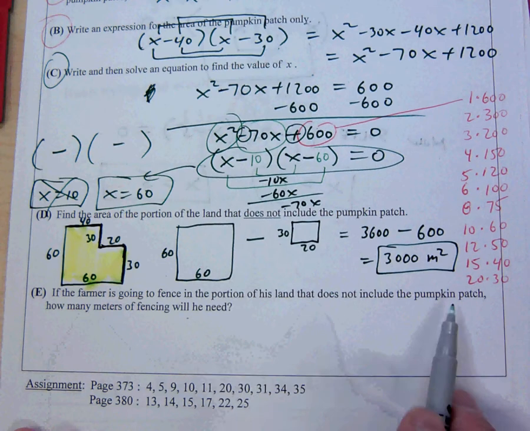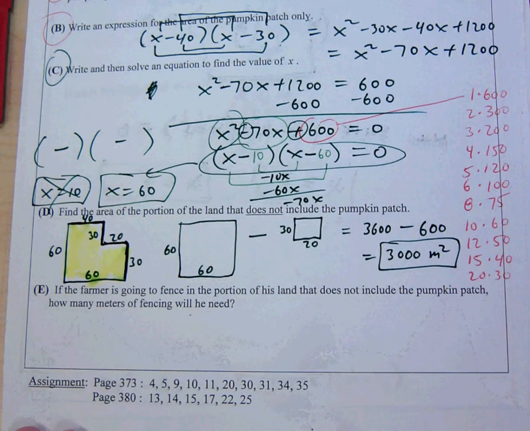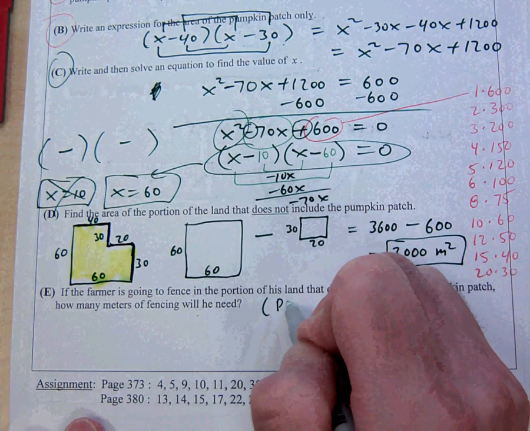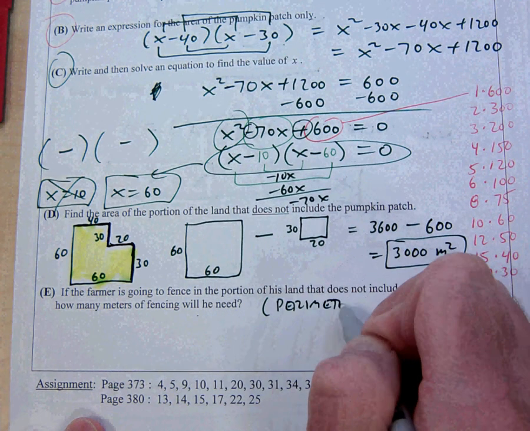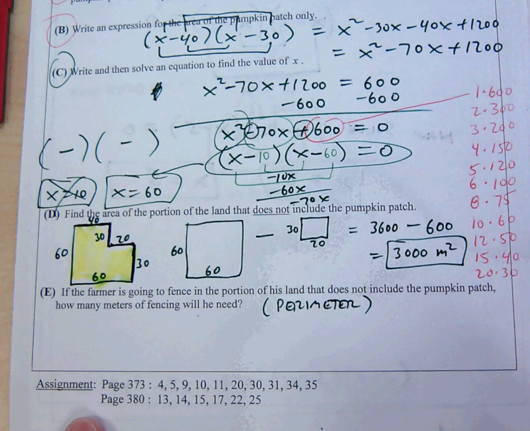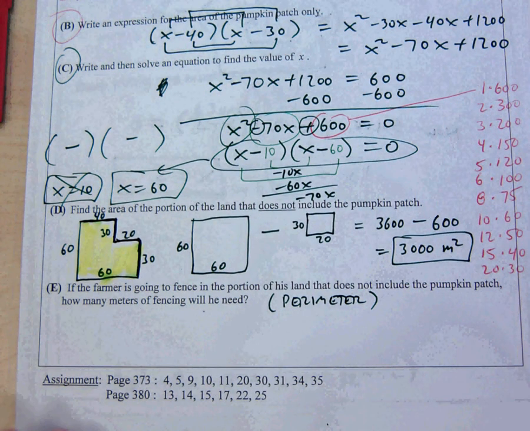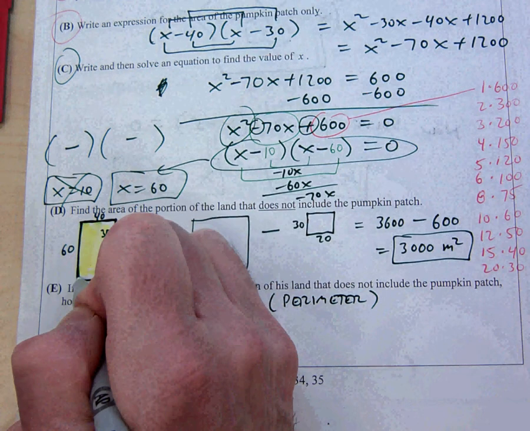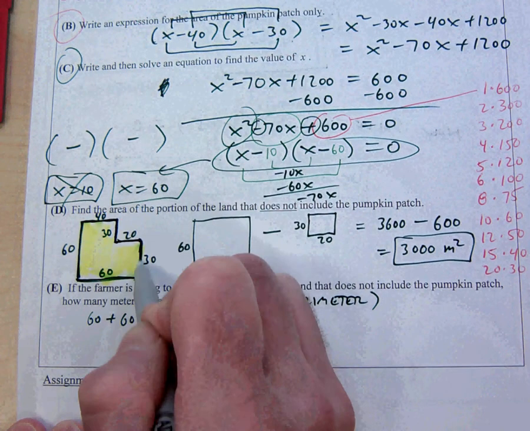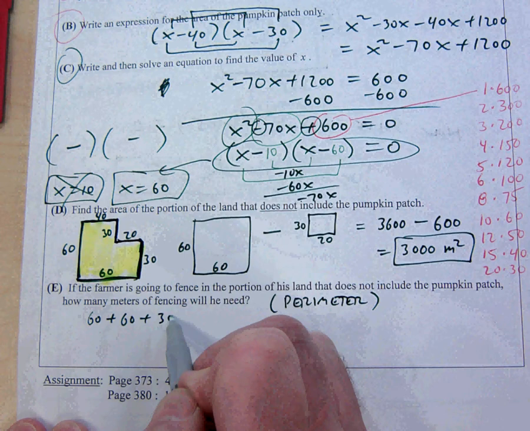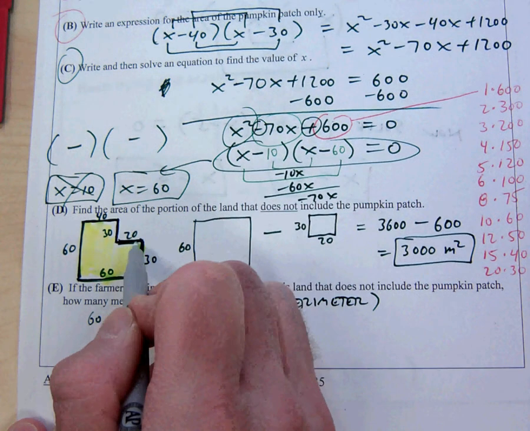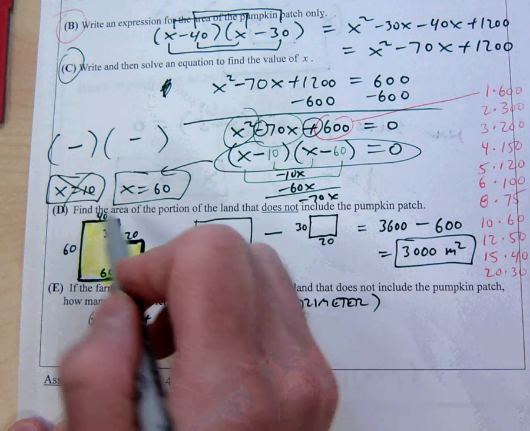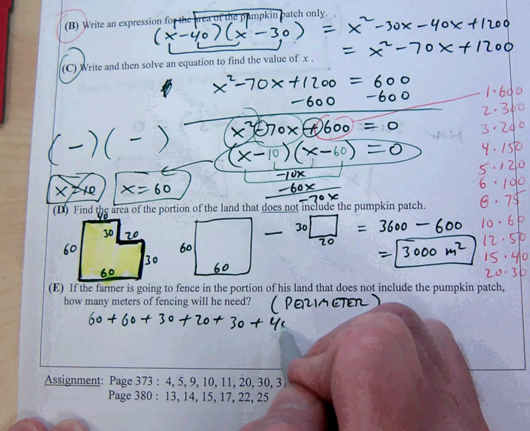If the farmer is going to fence in the portion of the land that does not include the pumpkin patch, how many meters of fencing will he need? So instead of talking about area, this deals with perimeter. So don't I need the perimeter of all the fence to answer this question? All right, so what's the perimeter? I need 60 plus 60 plus 30 plus 20 plus 30 plus 40.